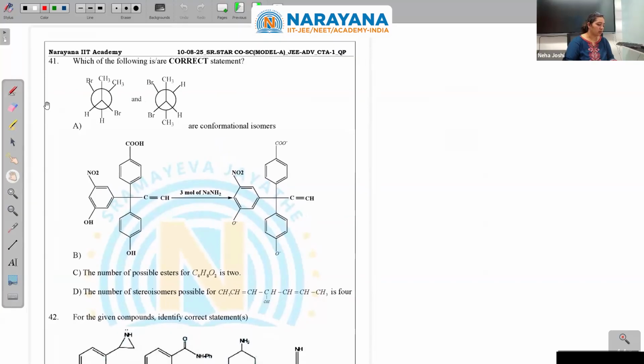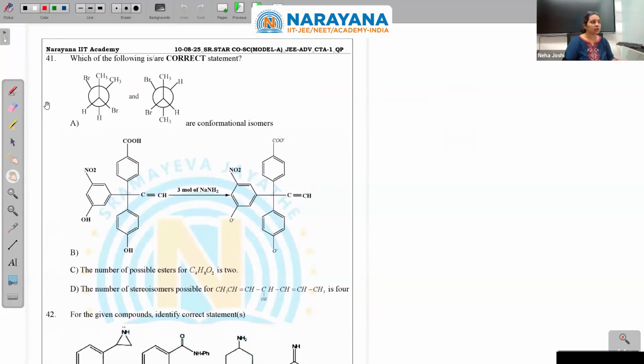Which of the following is or are correct statements? Okay. Let me draw the eclipsed conformation for all of these. Let this be 1 and this be 2. So 1 is the eclipsed conformation I am drawing.